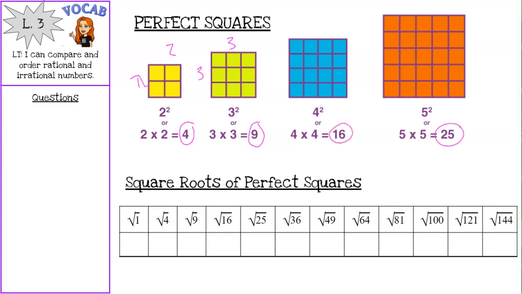Let's fill in our square roots of perfect squares chart. We did this last class, but it's going to be a helpful tool for us as we work through our lesson today.